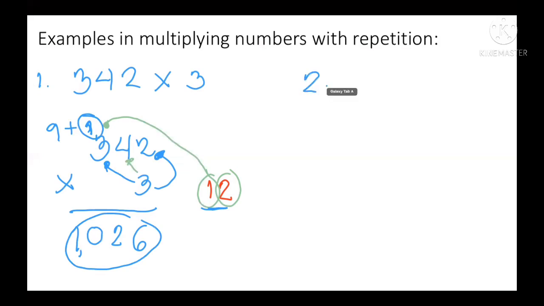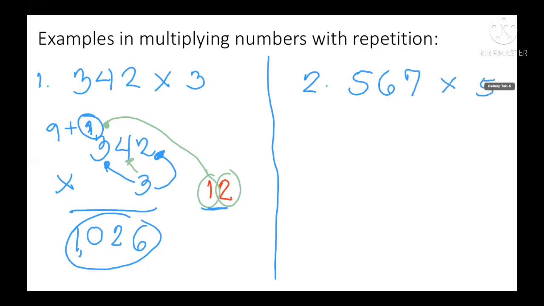Alright, number 2. Another example. What if I give you 567 multiplied by 5? Oh, that's a big number. Alright, let's see. Again, we will copy the first number and then the second number. Ones place first.